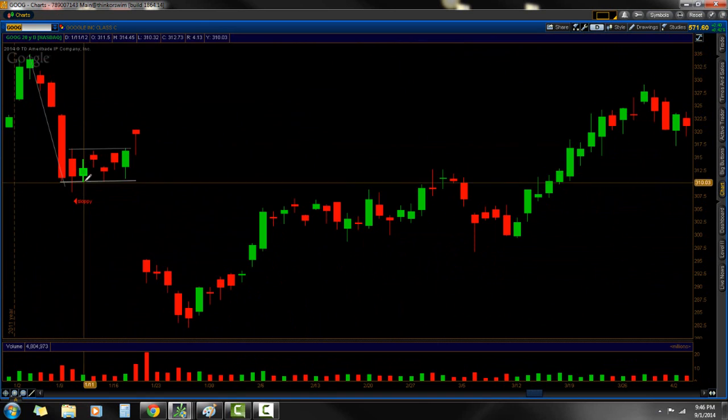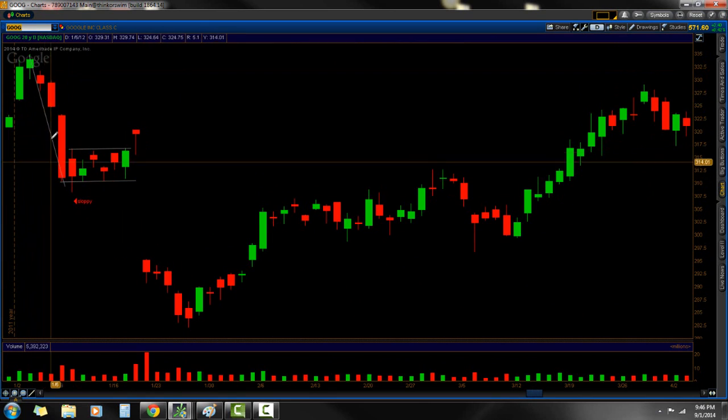Same here, sloppy. It has the form of a bear flag, but it's just garbage. So you will come across those.